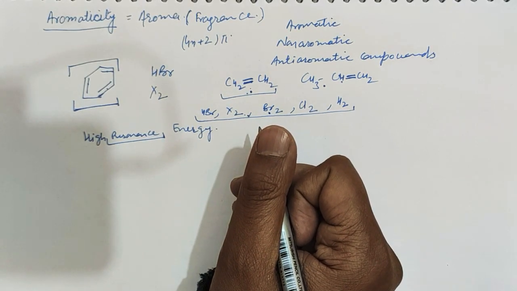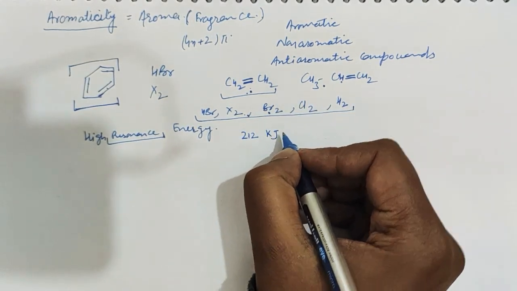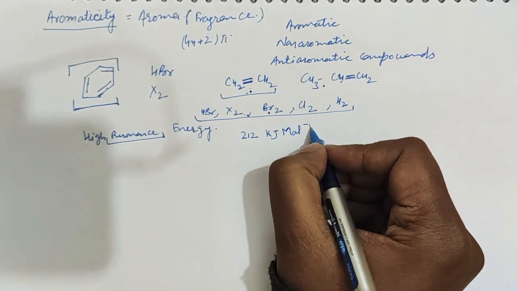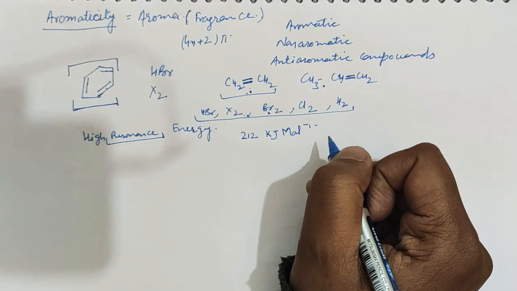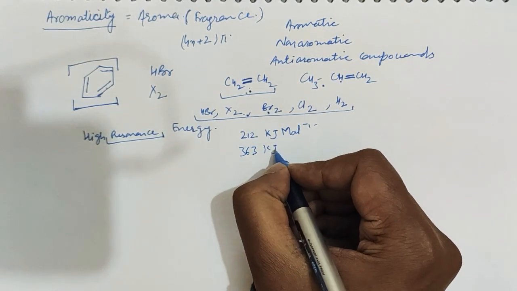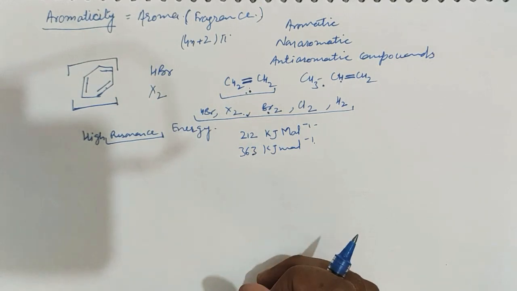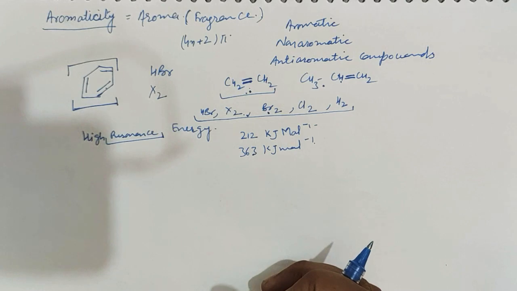The heat of hydrogenation of benzene is 212 kilojoule per mole, whereas for the hypothetical cyclohexatriene it is 363 kilojoule per mole. This difference between the calculated and observed values is called resonance energy, which provides considerable stability to benzene.